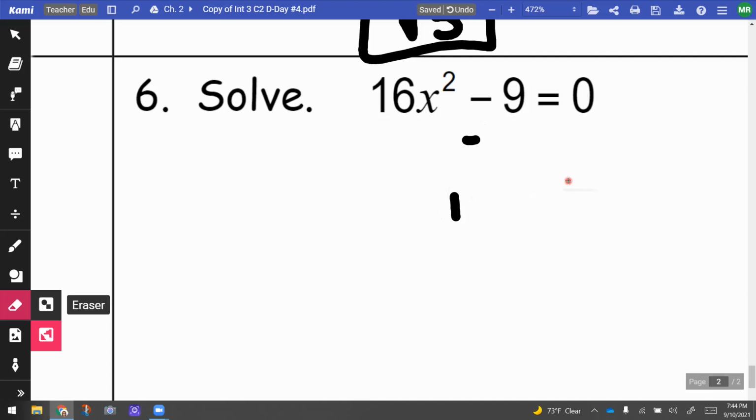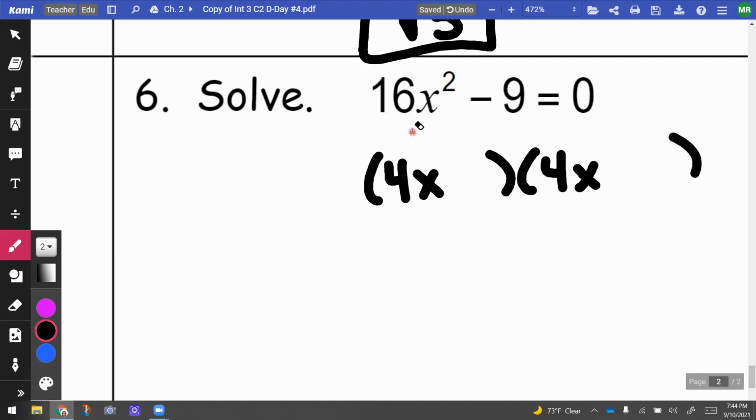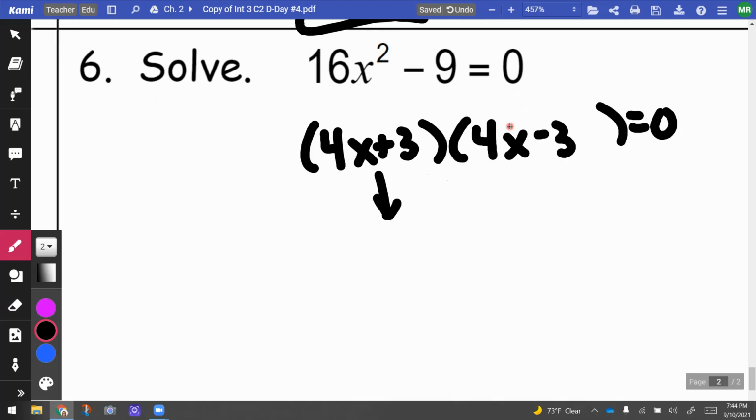Okay. Now, the square root of 16x squared is 4x. So I'm going to have a 4x and a 4x. The square root of 9 is 3. So I'm going to have one being a positive 3, one being a negative 3 equals 0. And then by the zero product property, I'm going to set these to 0.